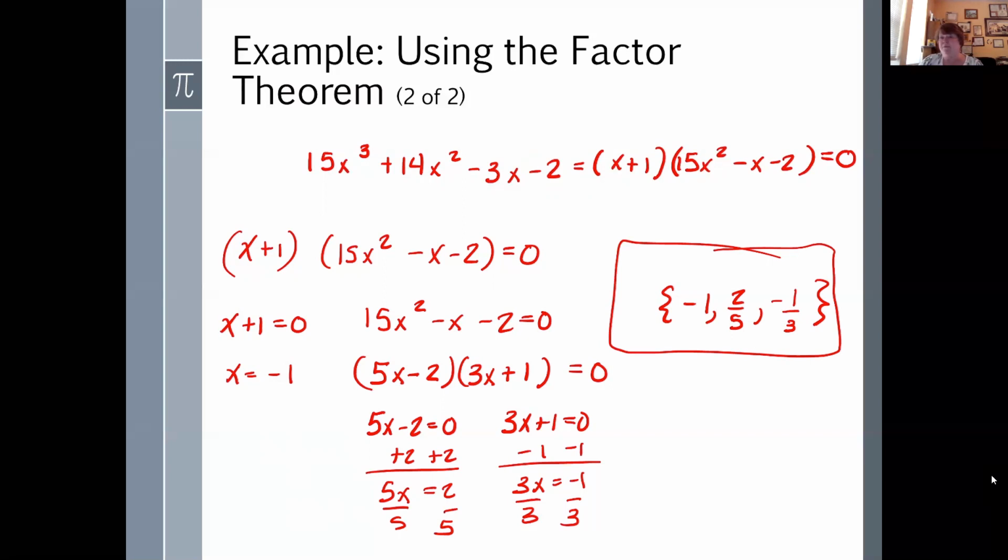I was able to factor that quadratic factor, and then I was able to set each of those factors equal to 0 and solve the equation. So the 3 zeros, 3 solutions to this equation are -1, 2/5, and -1/3. And that is the end of section 3.3.